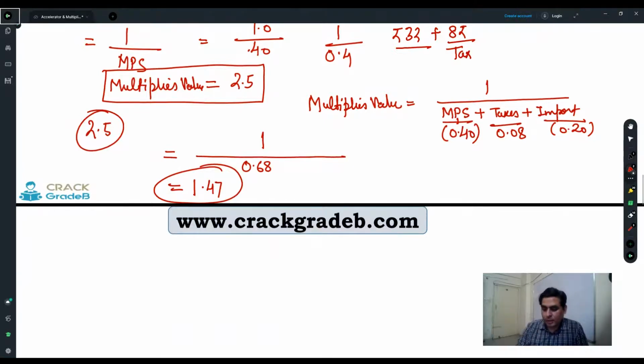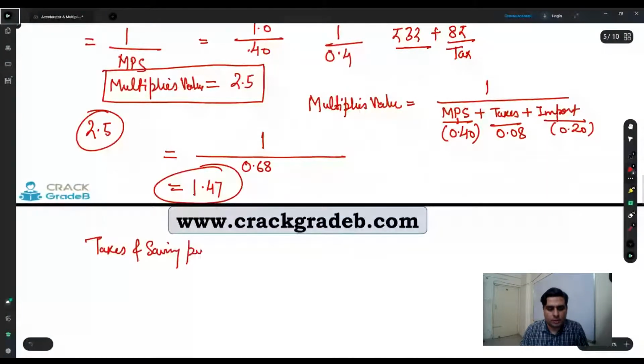So the point is, if you take all the factors like import and taxes, can I say that taxes and savings put a negative impact on the multiplier effect?